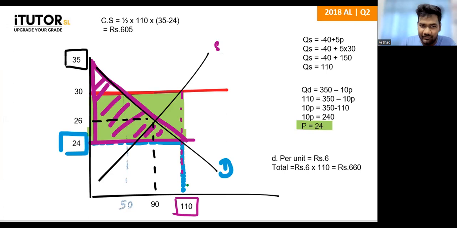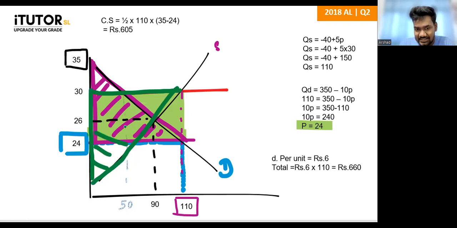Consumer is paying 24. Government is giving a deficiency payment of 6. So in total, he is getting 30 rupees, right? So then 30 to 110, this area becomes, this green area becomes producer surplus. Areas can overlap, no problem at all.